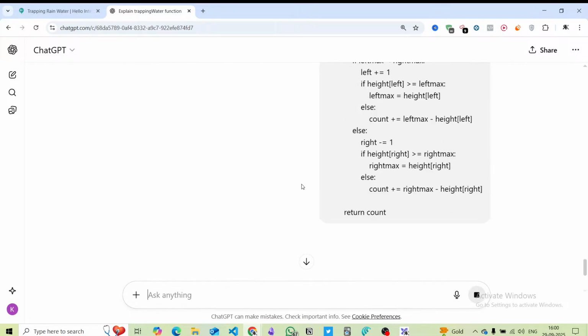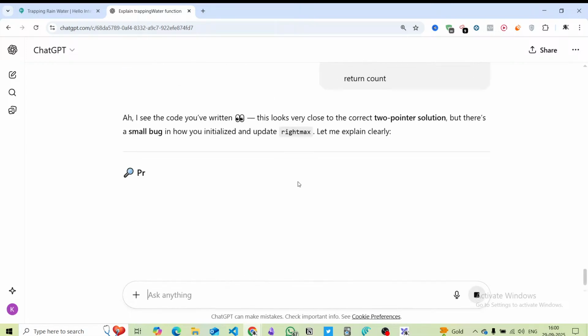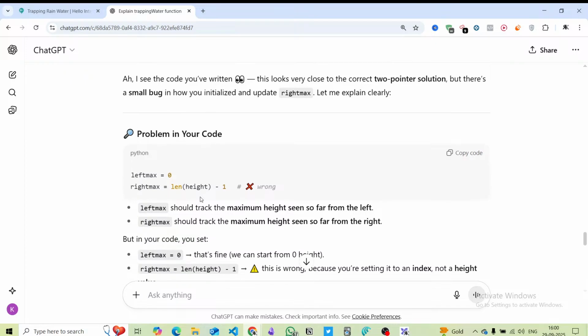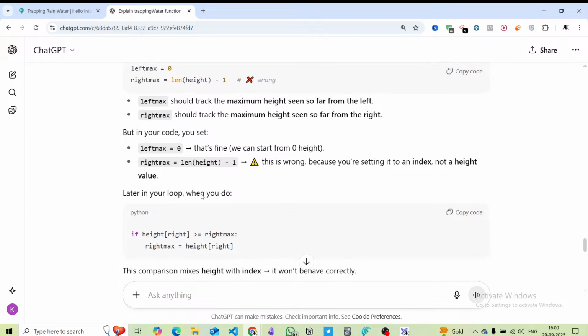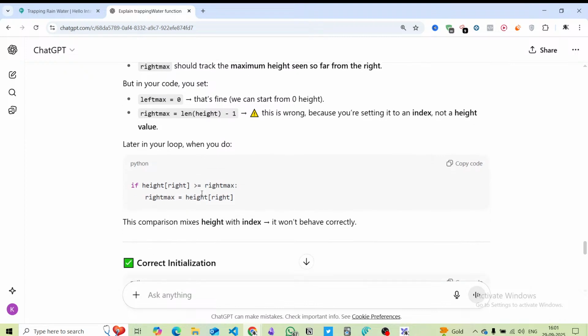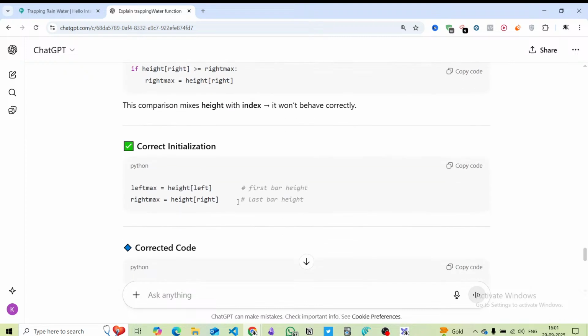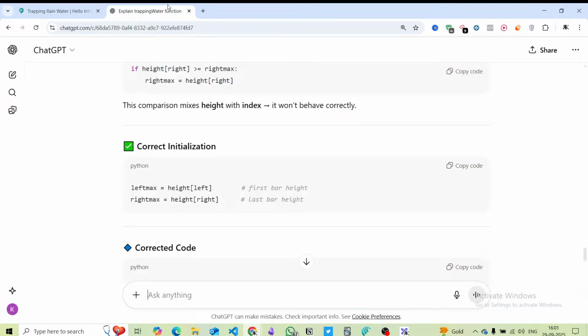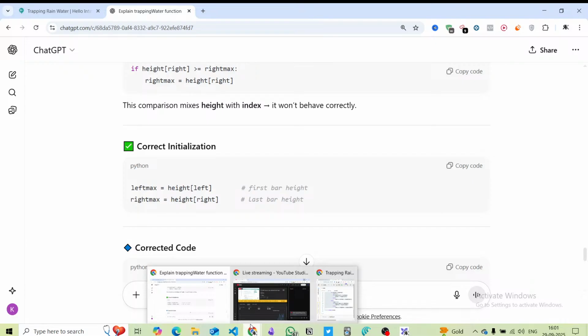What's the problem? Sorry, I just made a mistake here in initializing.